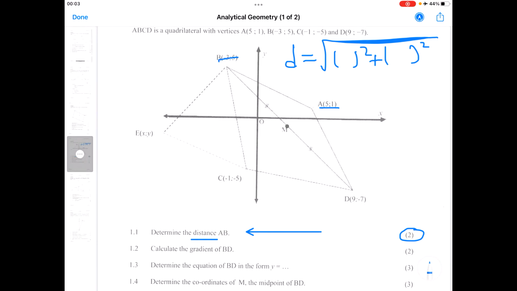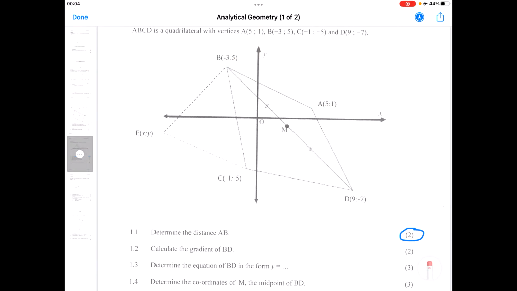That means this is the distance you would have calculated after substituting those points. Then you score yourself 2 marks. It was a straightforward question, easy 2 marks. Now let's move on to the next question.